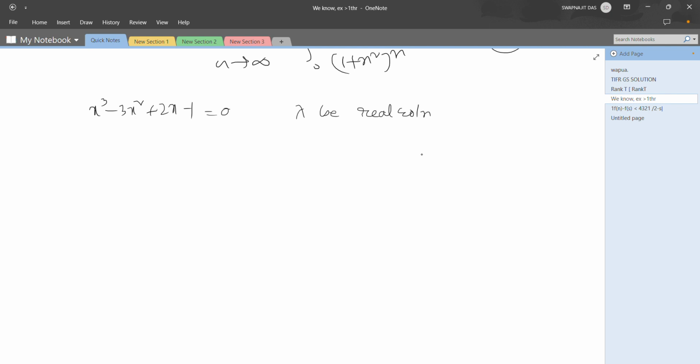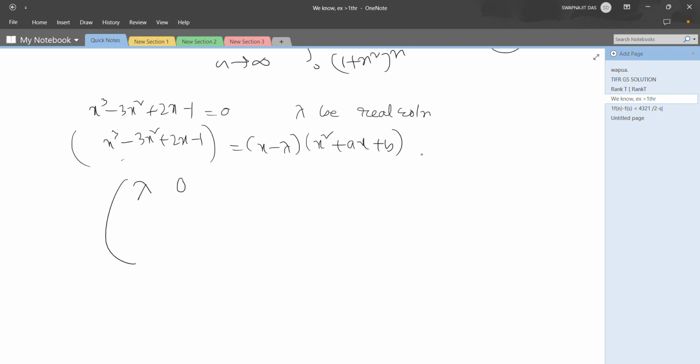That means this is a real eigenvalue, and it must have two other eigenvalues, real or not; I'm not interested. Then you can write x cube minus 3x square plus 2x minus 1 as x minus lambda times x square plus ax plus b.